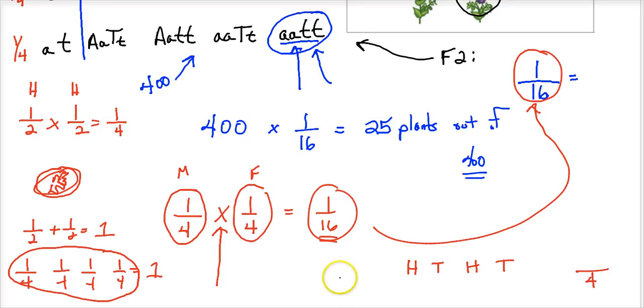Now, why is there only 1 on top? Well, I can get heads, heads, heads, tails, tails, heads, or tails, tails. Isn't there only 1 outcome out of 4?